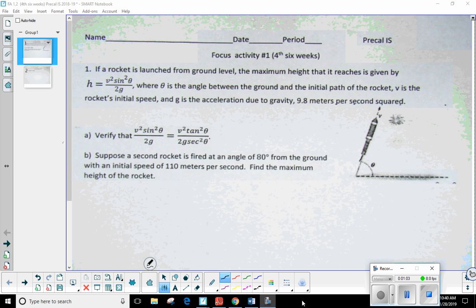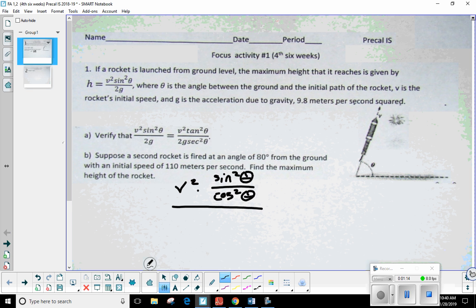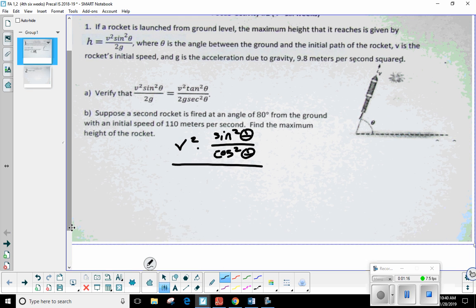Okay, so let's go ahead and change those 2 trig functions. V squared times tangent squared, sine squared of theta over cosine squared of theta. And this is all divided by. Now, secant squared is 1 over cosine squared. So I'm going to say 2g over cosine squared of theta.